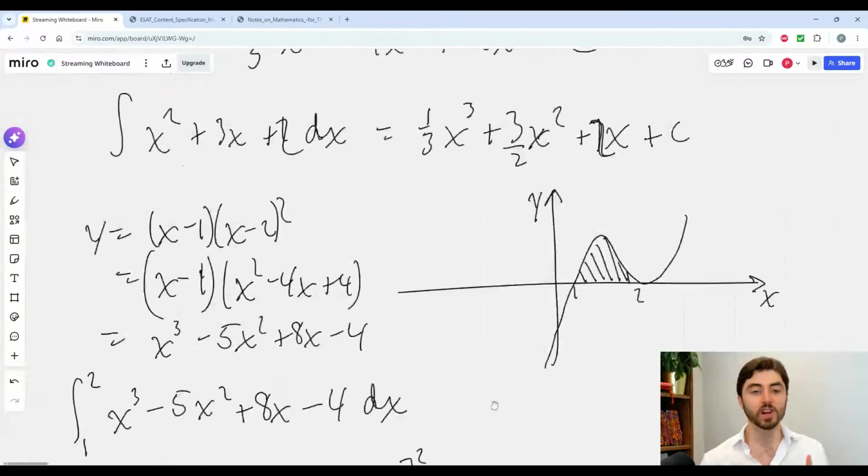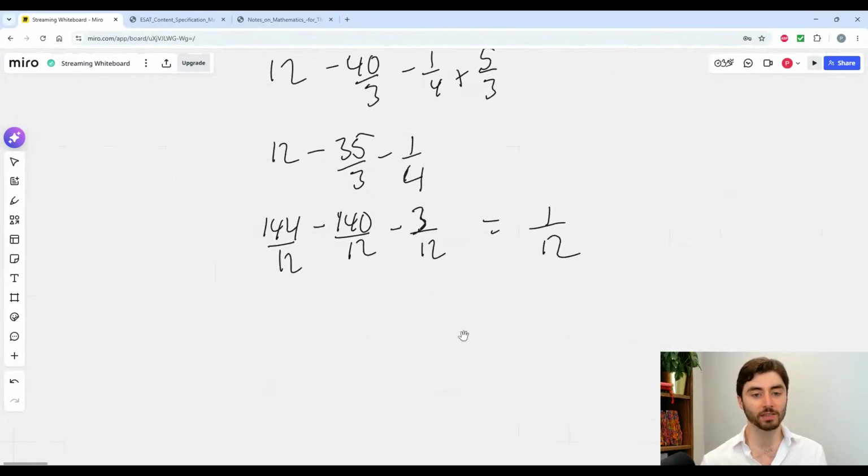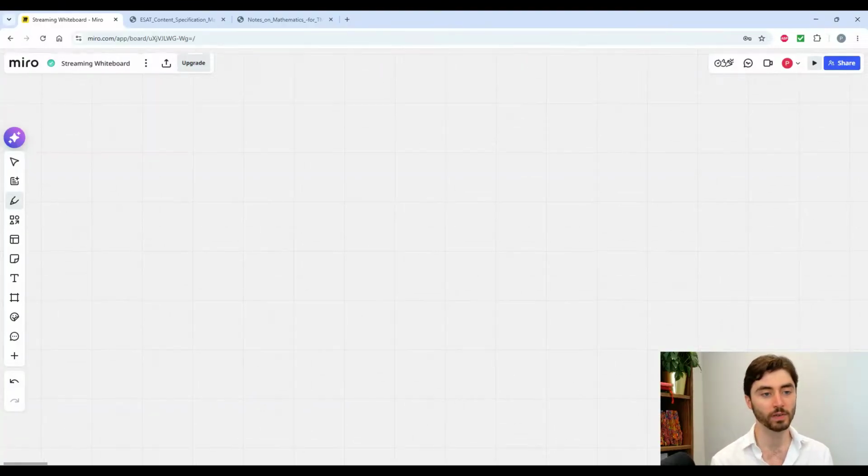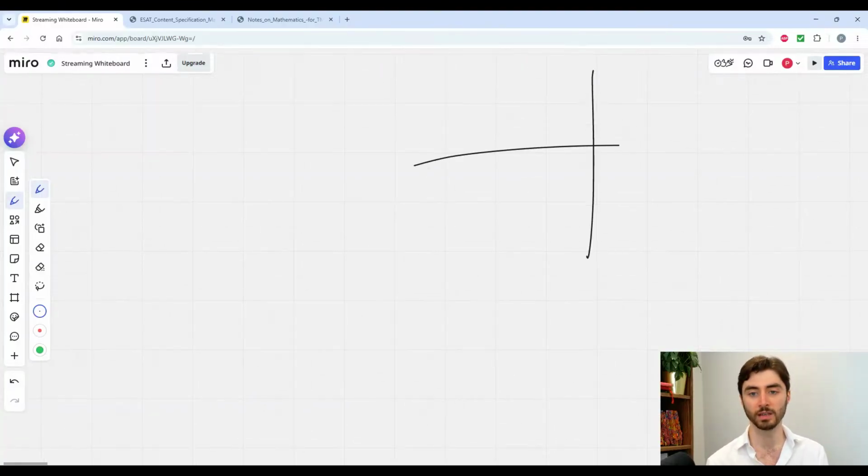Right. So let's talk about what would have happened if I hadn't changed that. Let's say instead we kept our original graph, which did something like this, and we wanted to find instead this area.